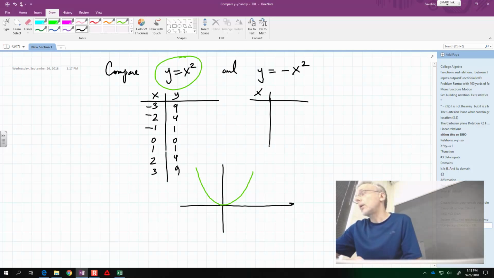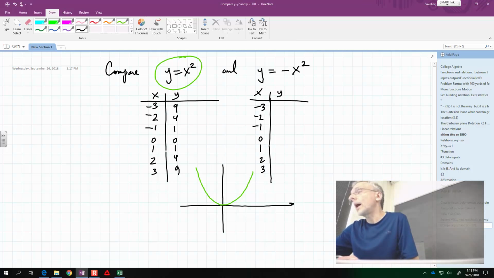If I go with the other one, I have the same inputs, but the values will be the same but negative. The values of y will be -9, -4, -1, 0, -1, -4, -9.